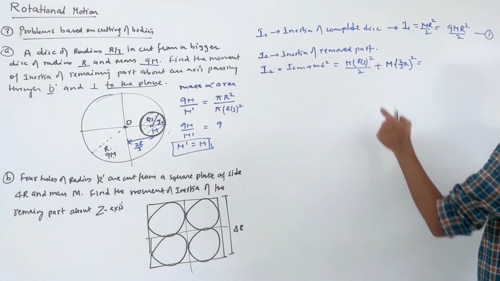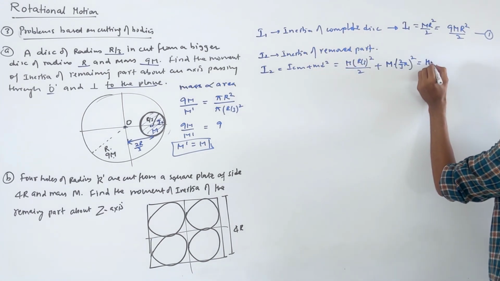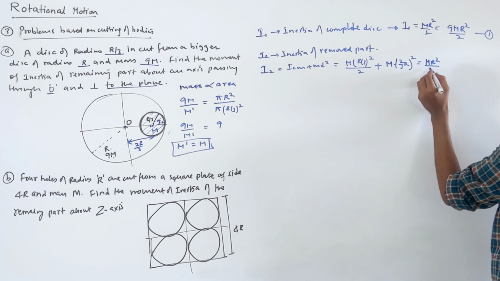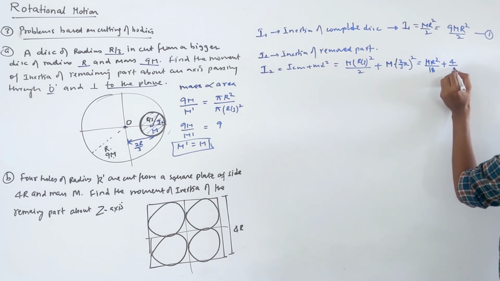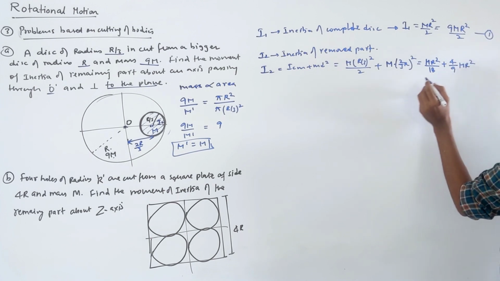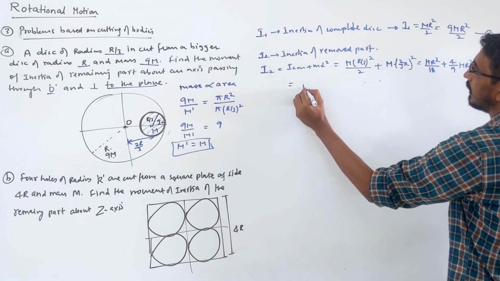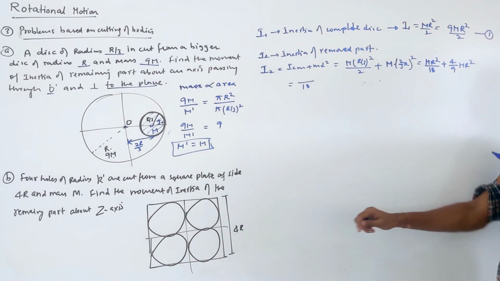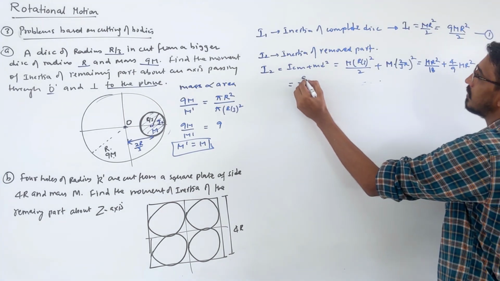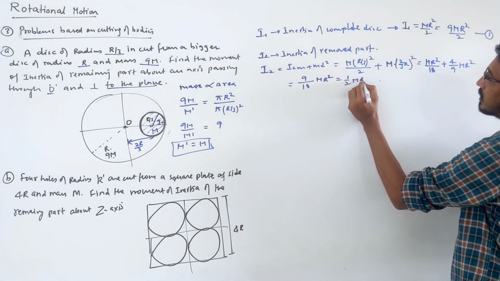This becomes mr square by 18, plus 4 by 9 of mr square. Taking 18 as the LCM, 18 goes one time, 9 goes two times, so 2 into 4 is 8. So it becomes 9 by 18 of mr square, so this becomes 1 by 2 of mr square.